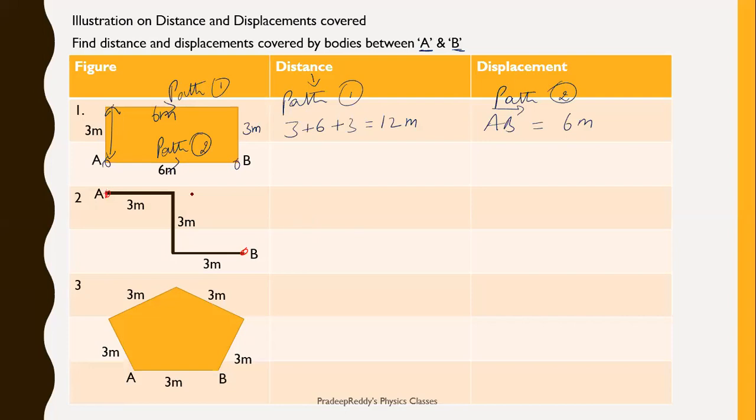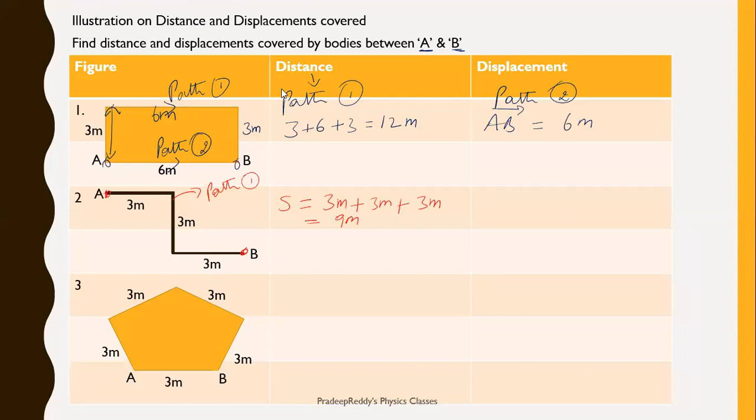Therefore, this is path 1, and path 1 is the distance covered. So distance covered you can write as 3 meter plus 3 meter plus 3 meter, which is equal to 9 meter. The total distance covered in the second question is 9 meter.